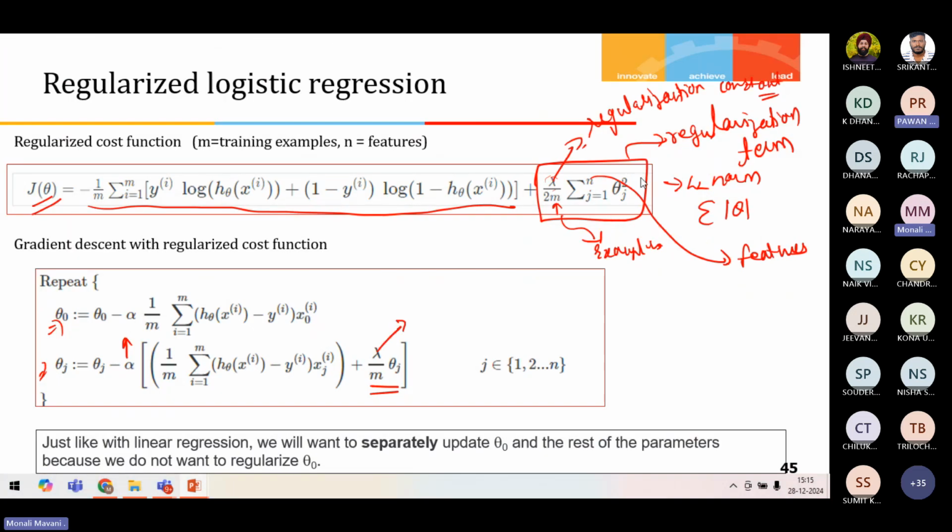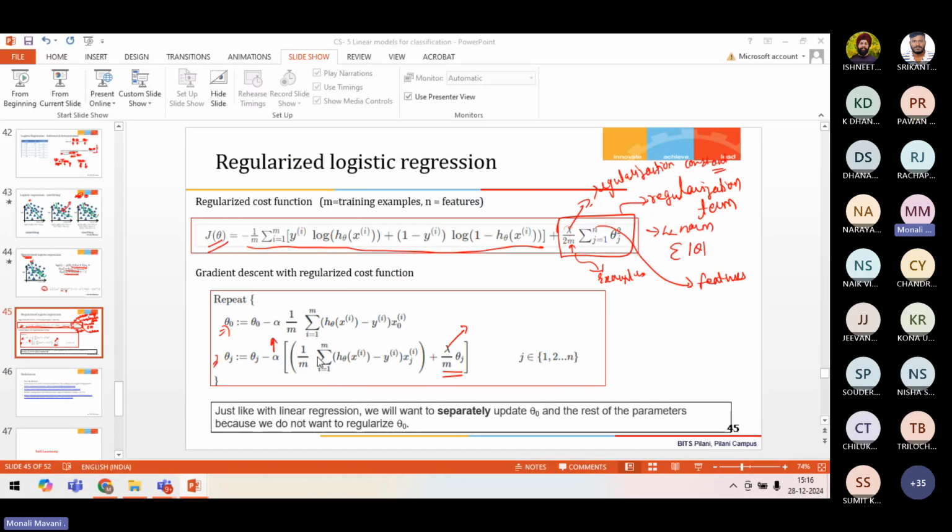We have added a regularization function to what? To the cost function. And the cost function is used for what purpose? For learning, during model training. And which data do we use for model training? Training data. You got your answer?